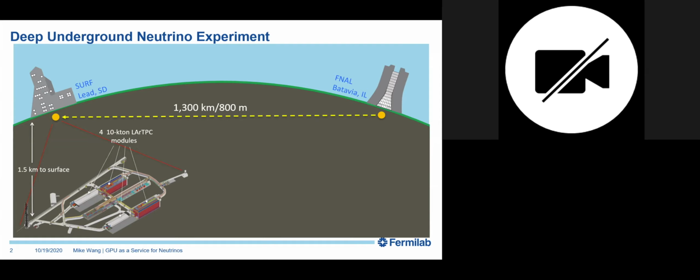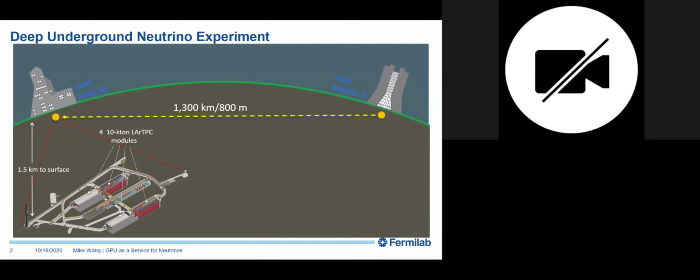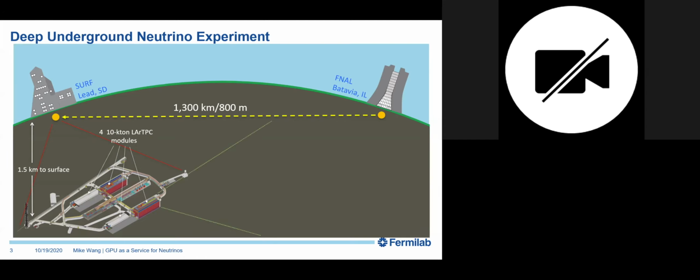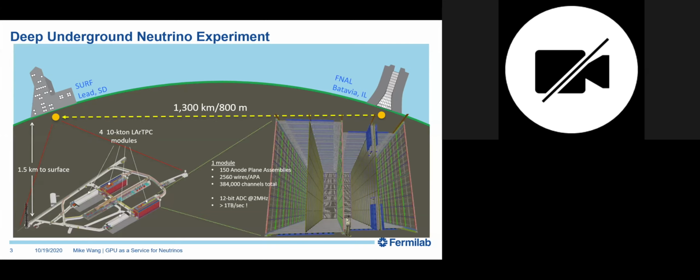But in addition to beam neutrinos, DUNE will also search for signs of proton decay and also look for neutrinos from supernova explosions. So let's take a closer look at one liquid argon TPC module. It has 384,000 channels total. And that means the readout rate for each module is over 1 terabyte per second.